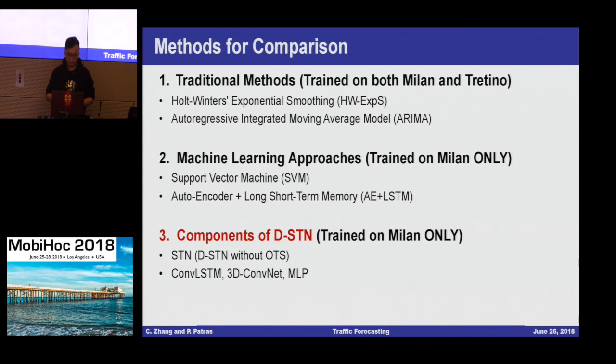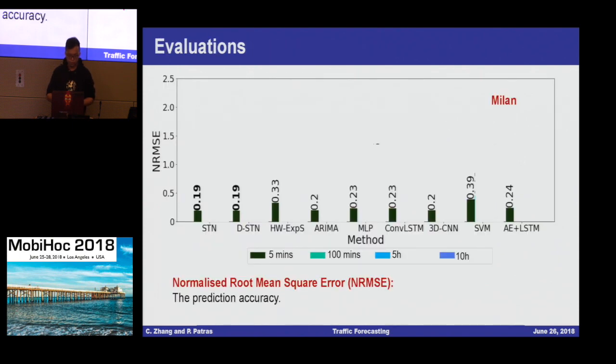Finally, we have the components of our D-STN. This includes the STN, which abandons OTS, and also complex STN and 3D complex MLP. All of these approaches are only trained on the Milan dataset.